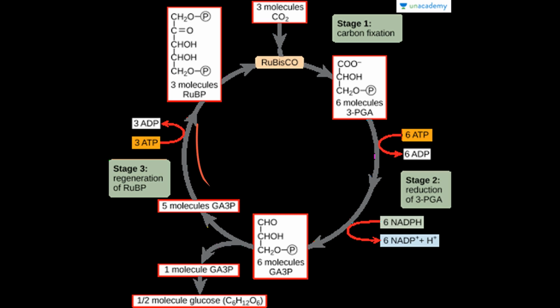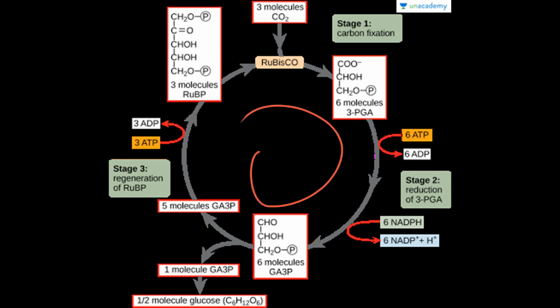They are further regenerated into ribulose bisphosphate, and again ribulose bisphosphate accepts carbon dioxide in the presence of the Rubisco enzyme, and the C3 cycle continues to happen.